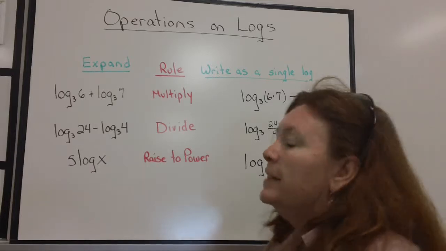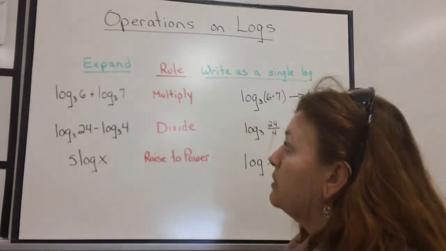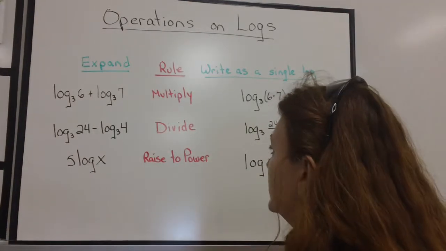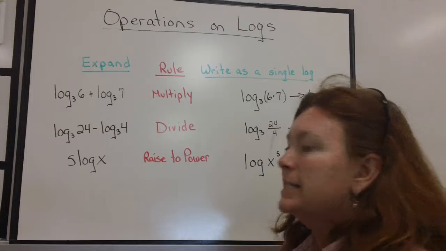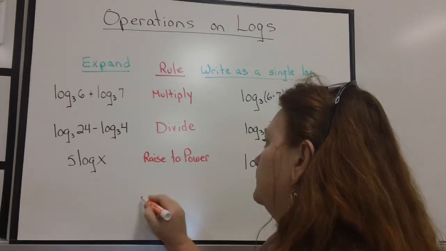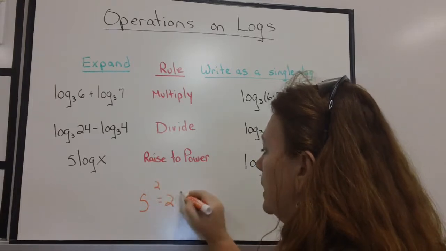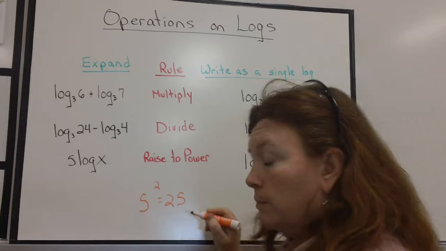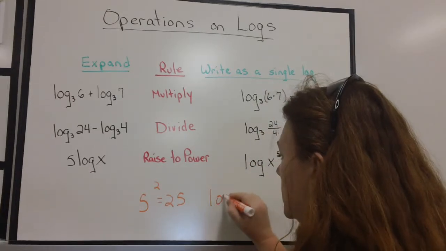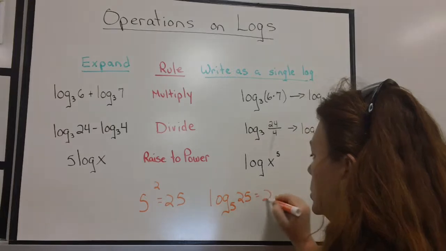Now, these are based on the rules for exponents. And one of the things I mentioned in class, I'm going to write it down here for a second, is that, for example, when I write 5 to the second power equals 25, in log form, I write that as log base 5 of 25 equals 2.